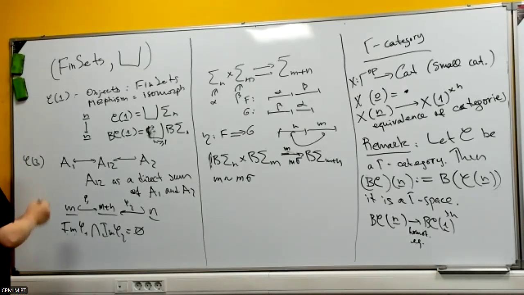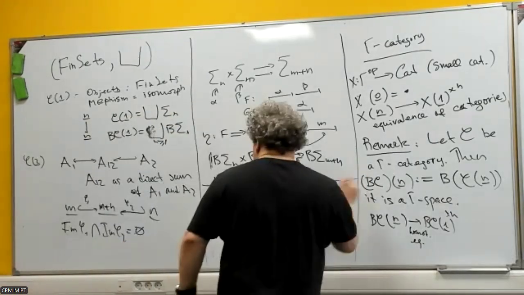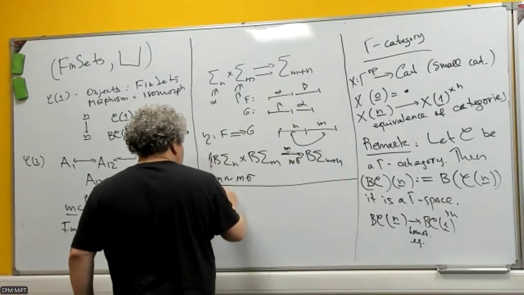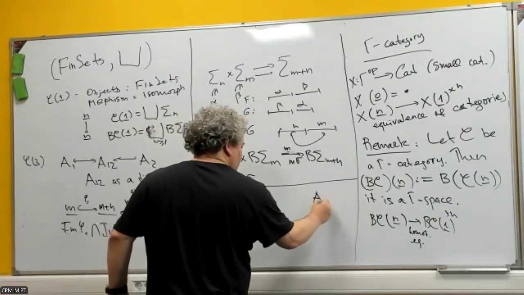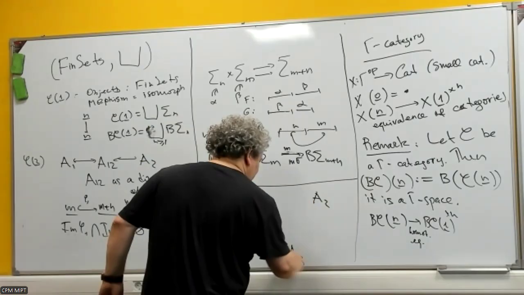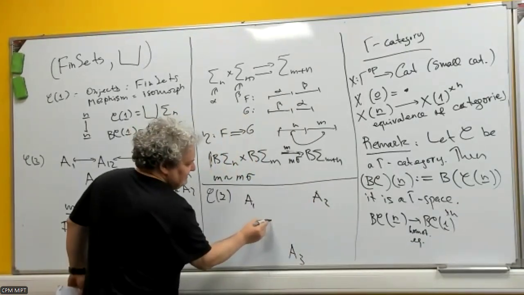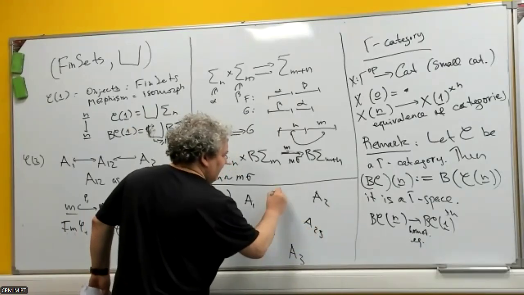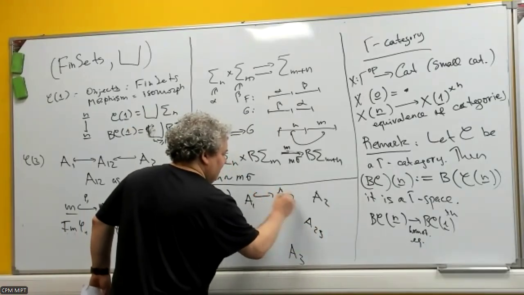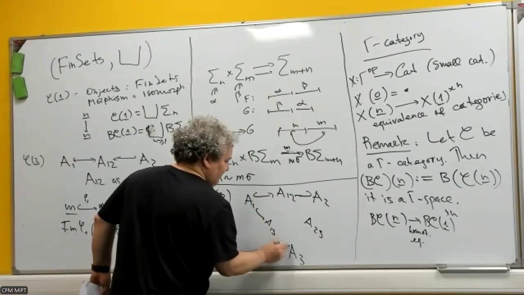So maybe here is an example for C of 3. It's some diagrams of the following type. We have A1, A2, and A3 as finite sets. Here we have A13, here A23, here A12, and here A123, with all these diagrams.